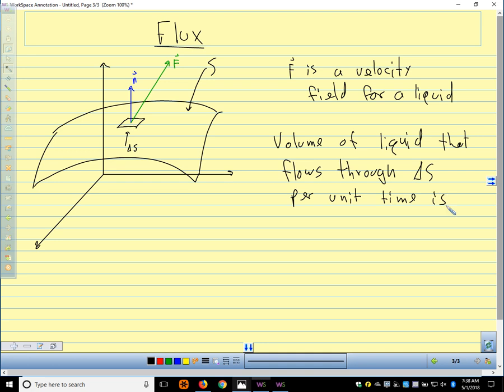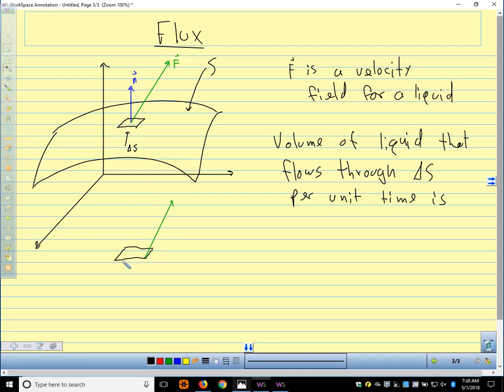I'm going to draw a little picture here of this little delta S. And I'm going to draw F as one side of this thing, and we're going to make a little oblique prism.